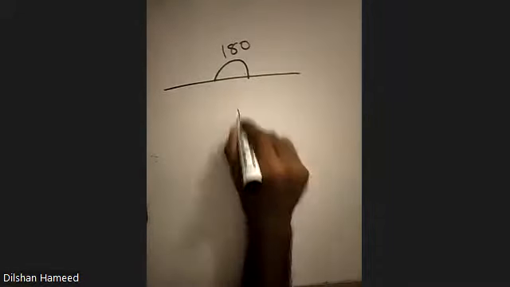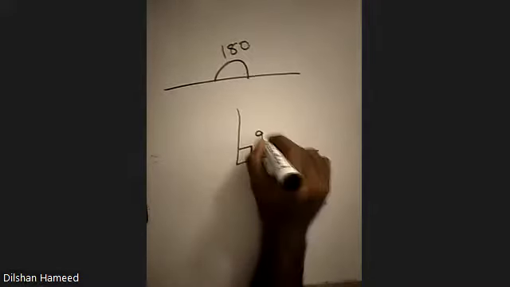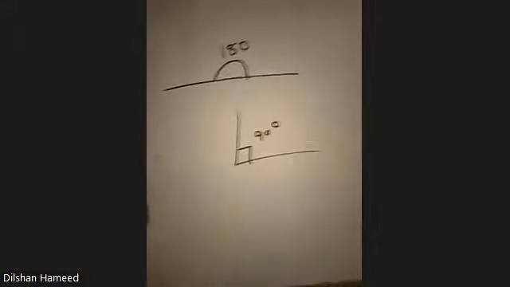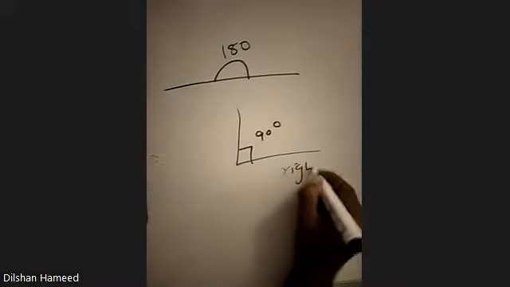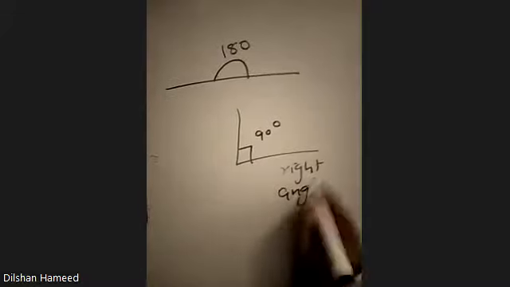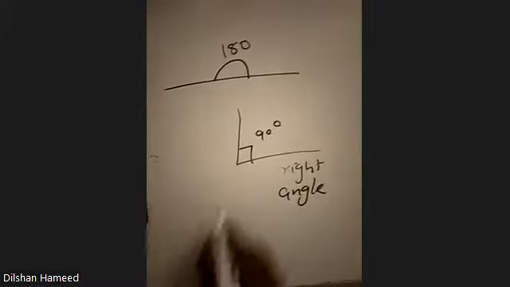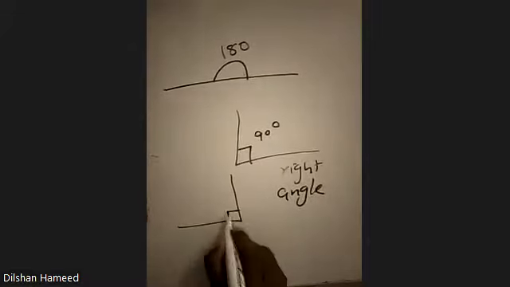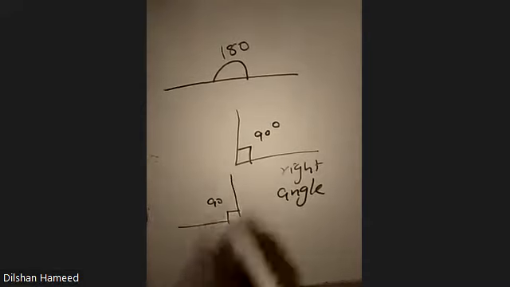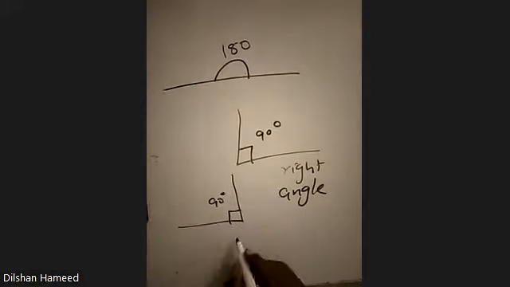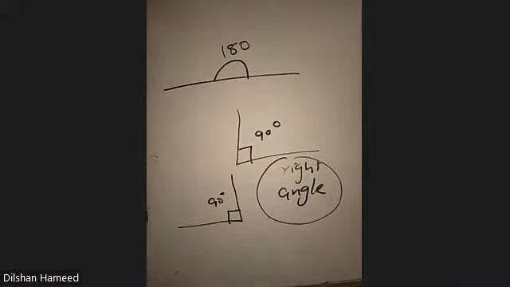Now if you take this 180 degrees to half like this, this is called 90 degrees. You call it a right angle. You can have a 90-degree angle like this also, this way or that way. It's called a right angle.